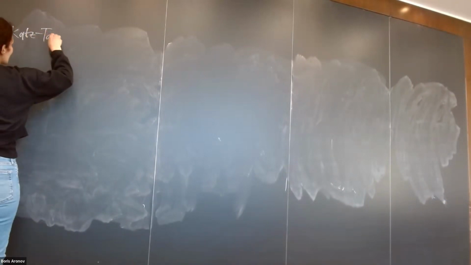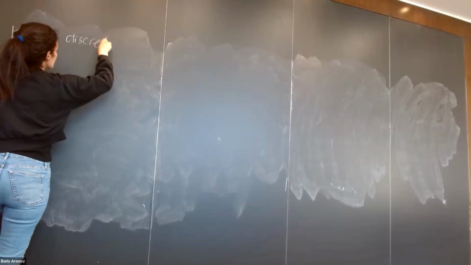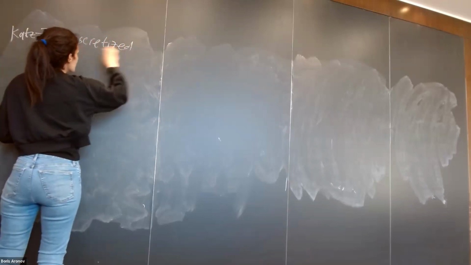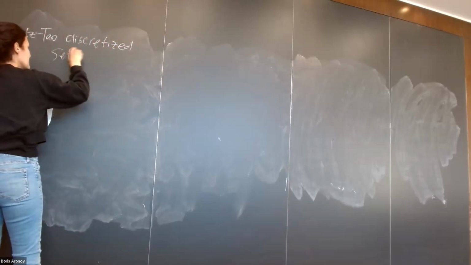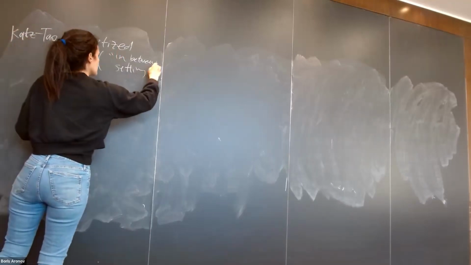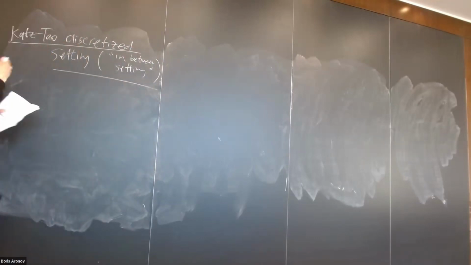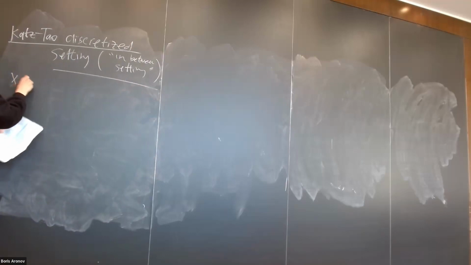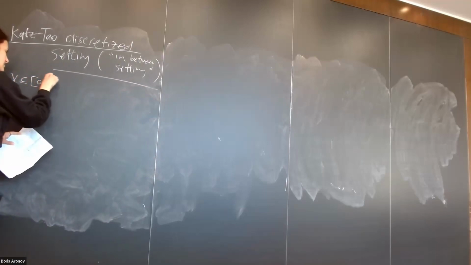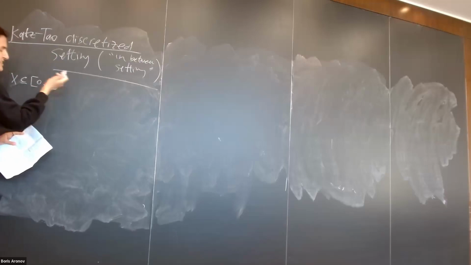Okay, so the Katz-Tao discretized setting. We want to think of it as an in-between. So what are we looking at in this setting? Let's say that we have a set here, a subset of, let's say, the unit cube in R^d.